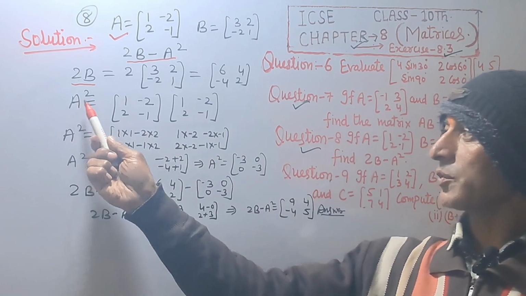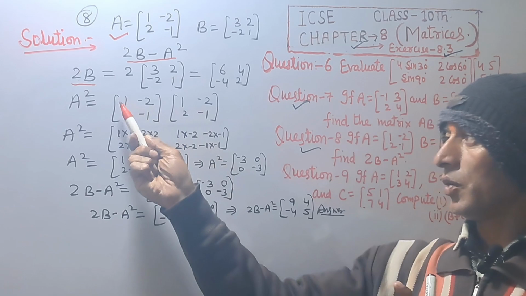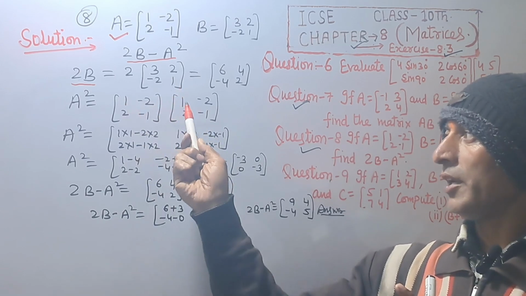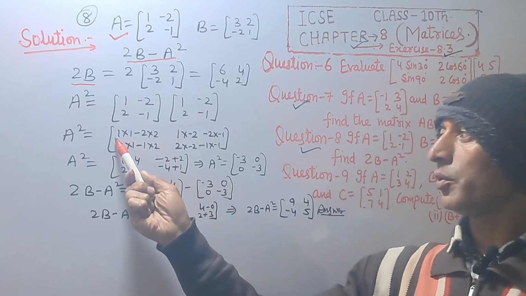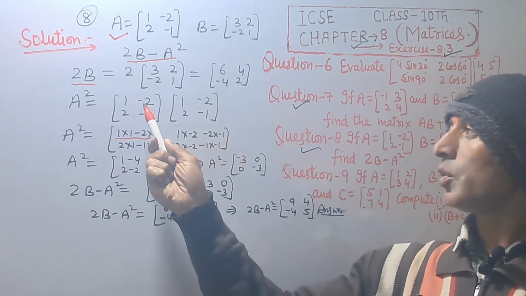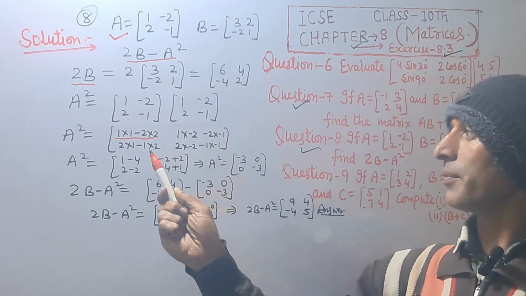Then we find A squared. A squared is A into A. Row multiply by column. 1 into 1 minus 2 into 2. 1 into minus 2, minus 2 into minus 1.